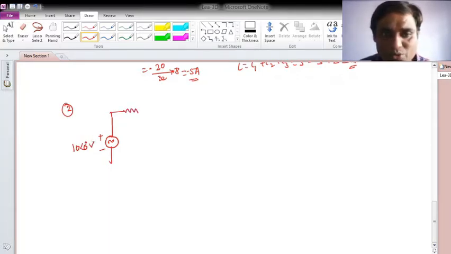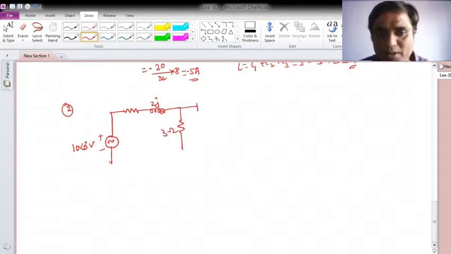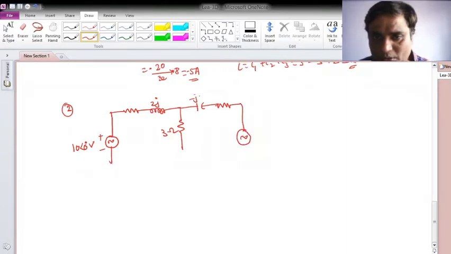Then there is a 2 ohm resistance, then an inductor of 2J, and one more resistor of 3 ohm, and then a capacitor of minus J1, and one more resistor of 1 ohm, and again one more sinusoidal current source is connected here.